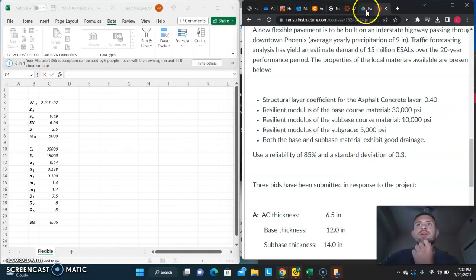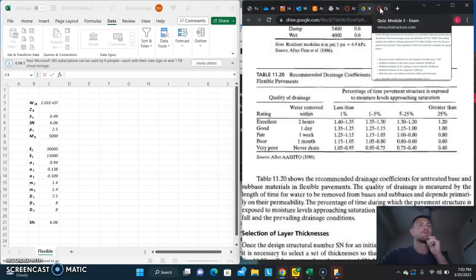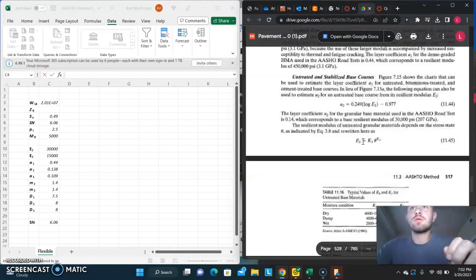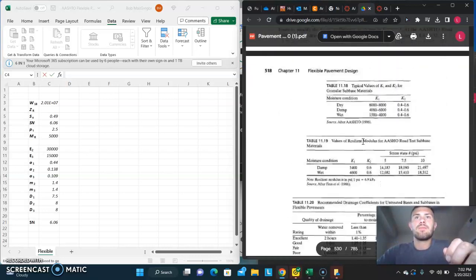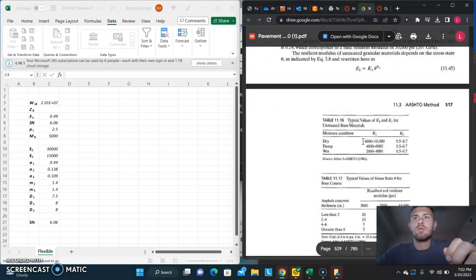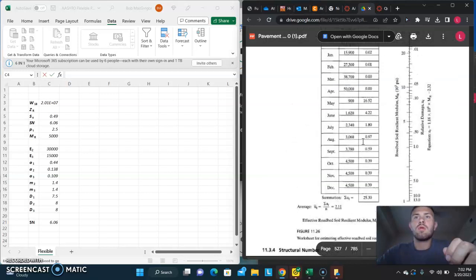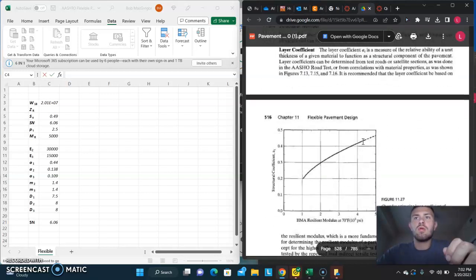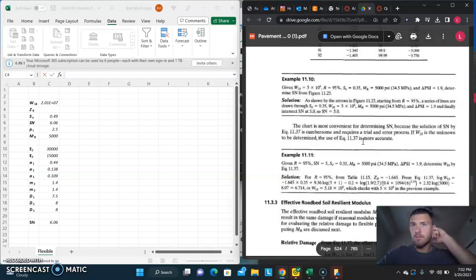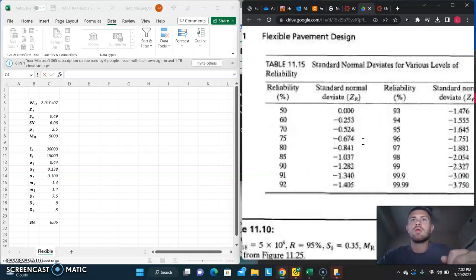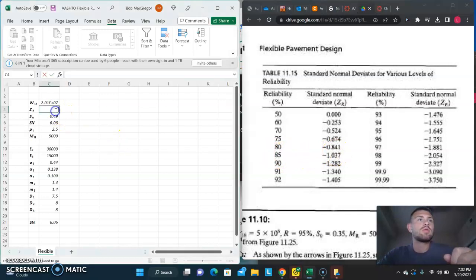Oh, standard deviation of 0.3. Oh boy. There. So if it's 85, then it's negative.